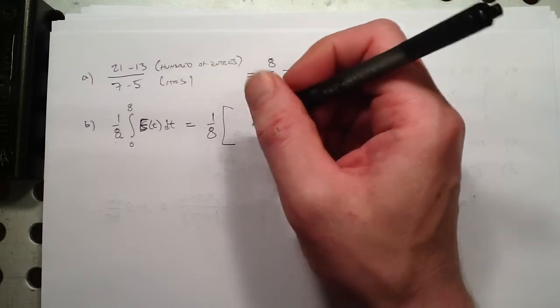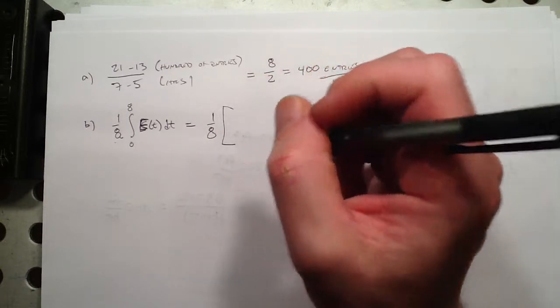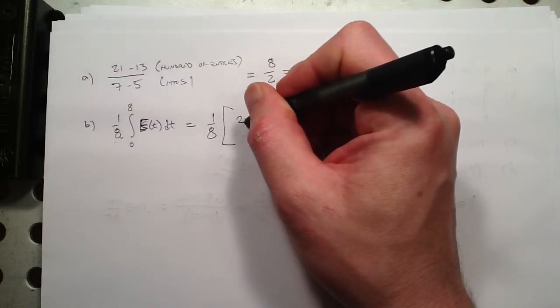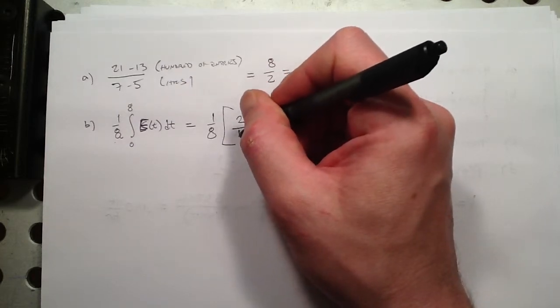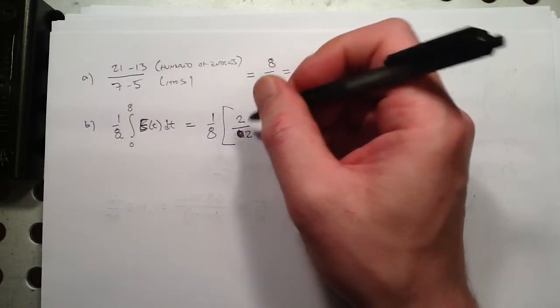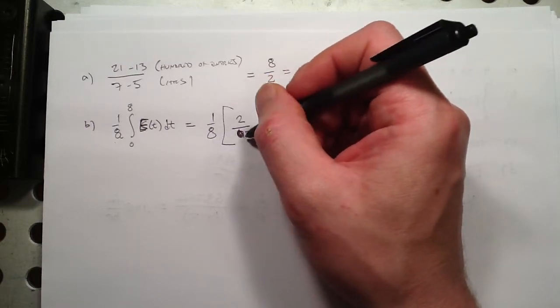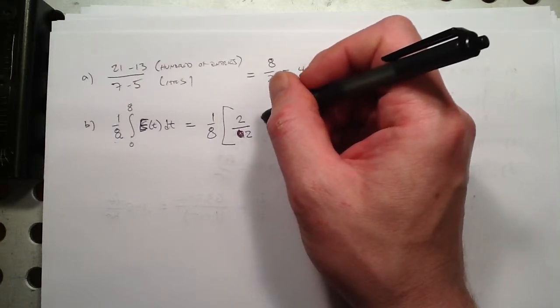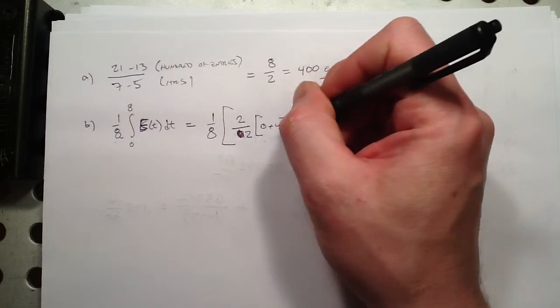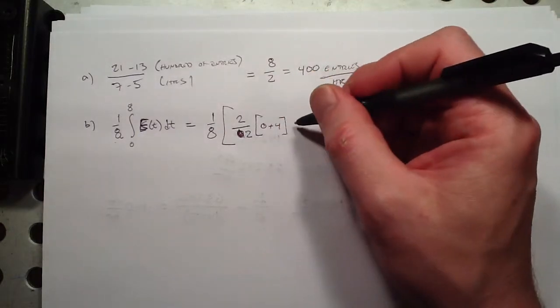The first one is 2 wide, so we have the height divided by 2, right? It's like the average of these 2 sides of that trapezoid.